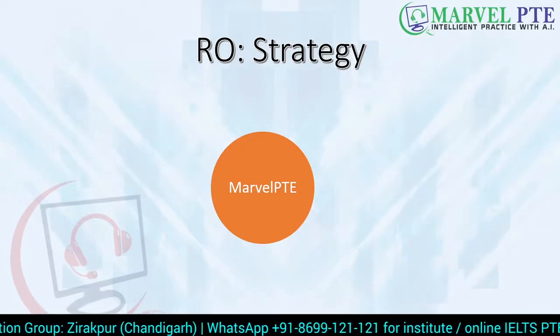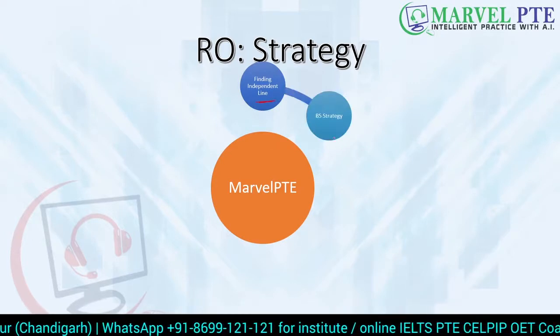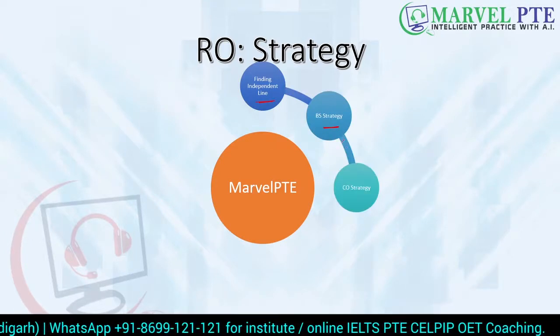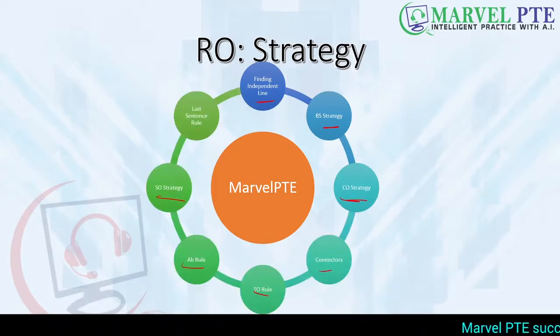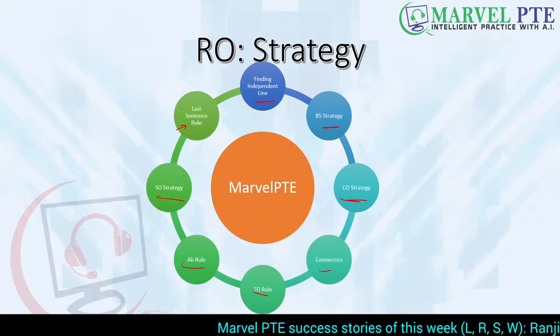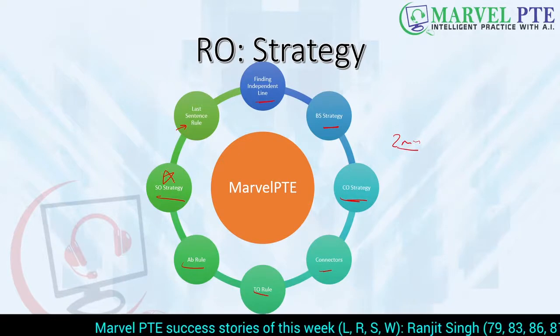So all our strategies which we teach at Marvel PTE, like how to find independent line, the BS strategy, broad to specific strategy, CO strategy, connectors, TO rule, AB rule, SO strategy, then having some last sentences rules are going to be very helpful, and they are very important if you want to solve your reorder paragraphs within 2 minutes. Today we had seen the importance of SO strategy.